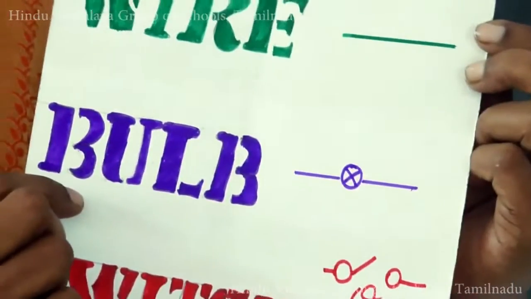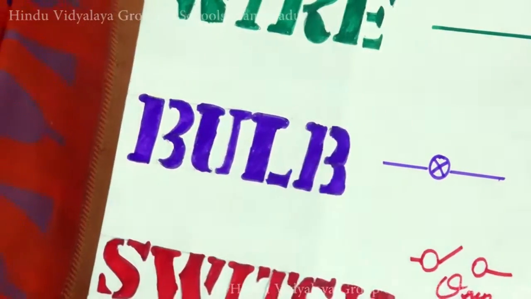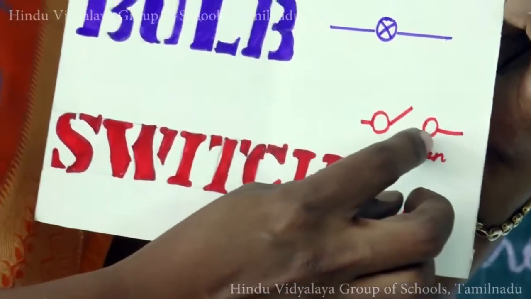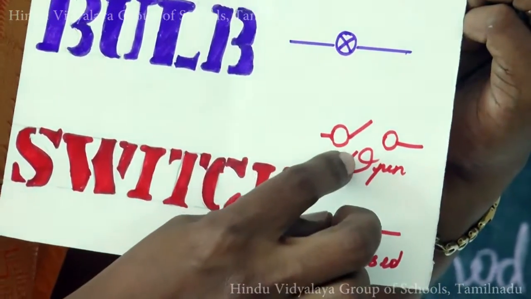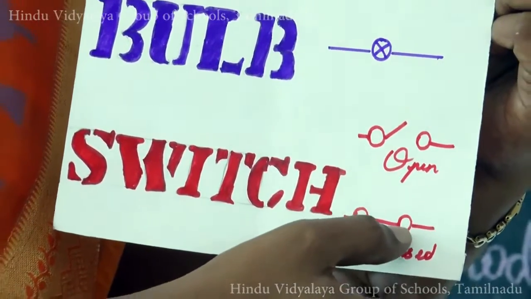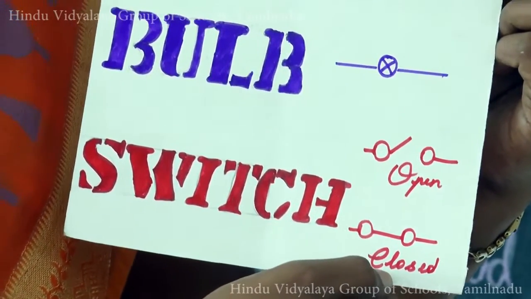Next, bulb, it is denoted by a circle with a cross mark. Next, switch, two bubbles. If the two bubbles are not internally connected, it is said to be open circuit. If the two bubbles are internally connected, it is said to be closed circuit.